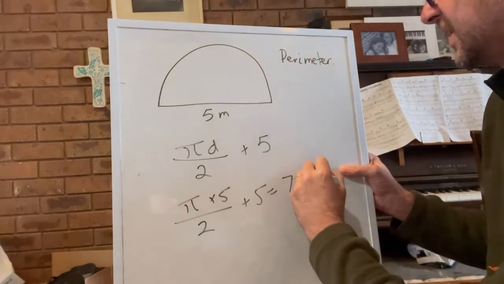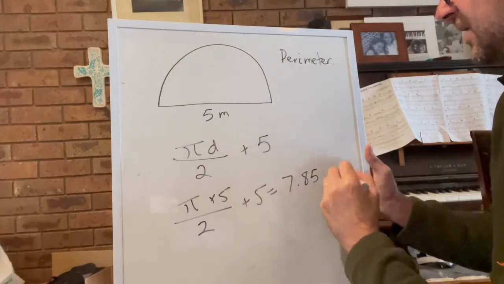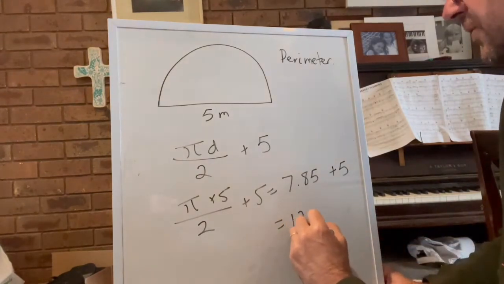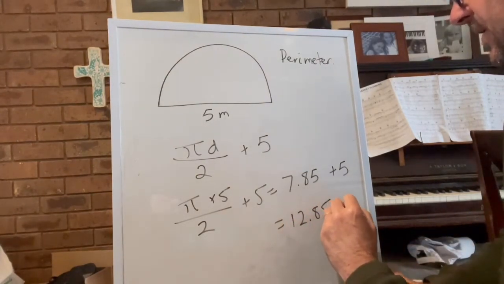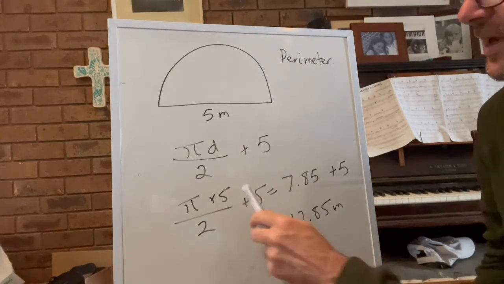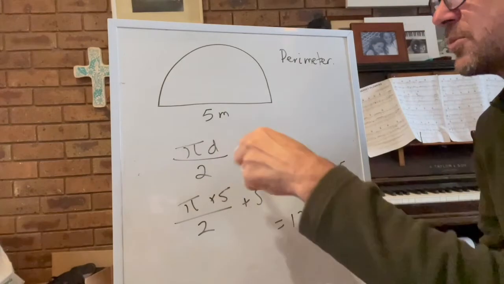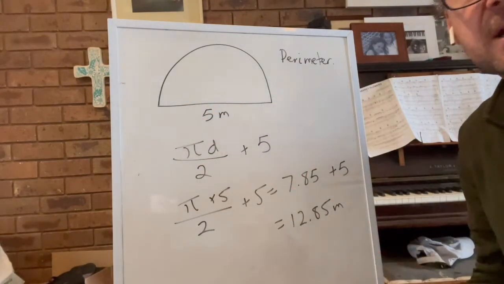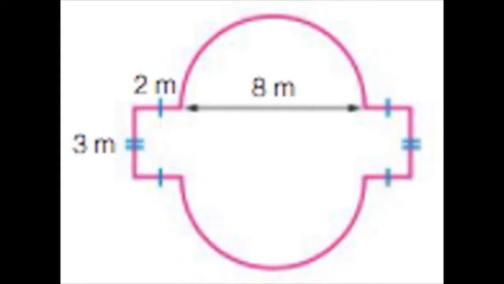We'll just go to 2 decimal places, and then we want to add 5 on. So it's going to equal a total distance of 12.85 meters. Because we've found pi d is the total perimeter, we've divided by 2 to give us half, and then we've added on the bit here at the bottom.